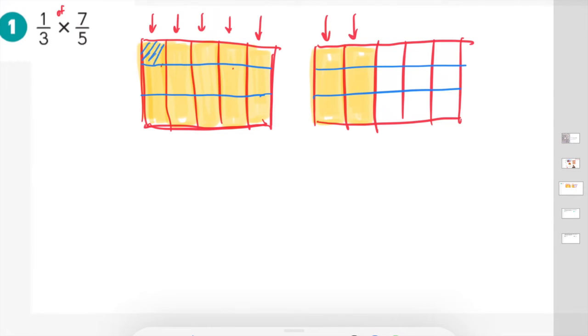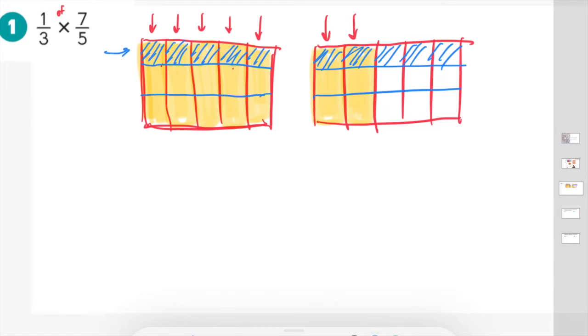So here, let's shade in this 1/3, just where it intersects. Well, I guess we could shade in the whole, but the part we're going to count is where it intersects. So here was 1/3, here would be 2/3, 3/3. So we were looking at 1/3 of 7/5.